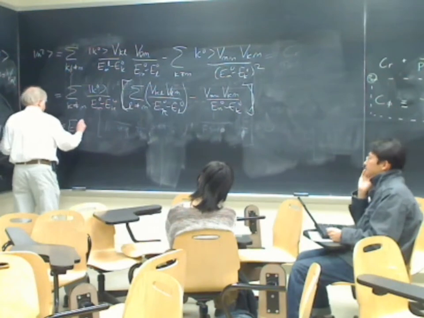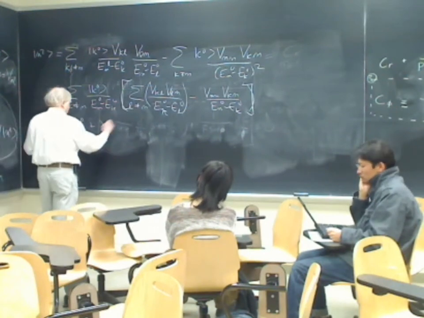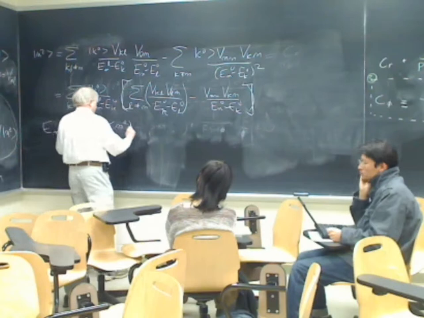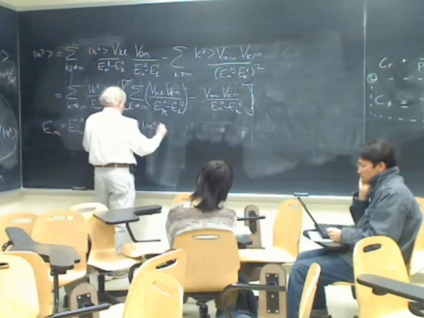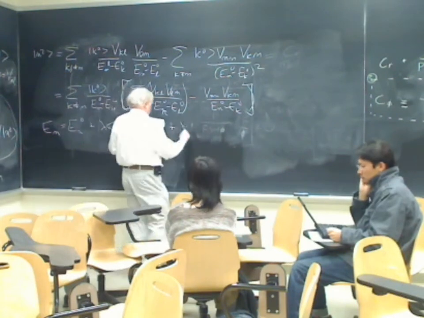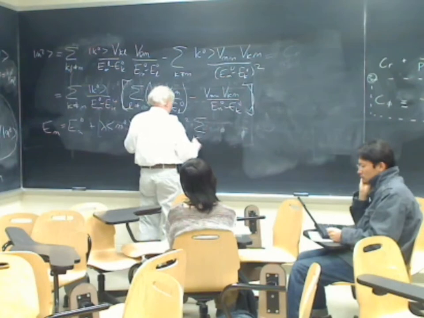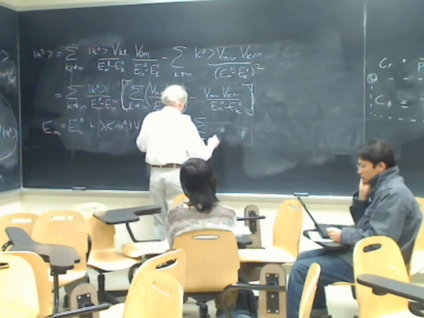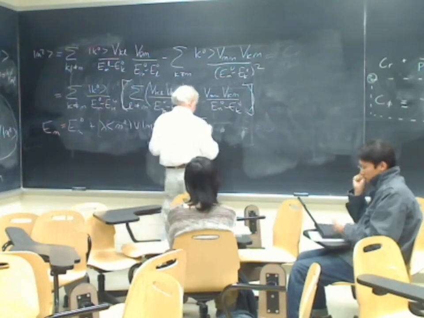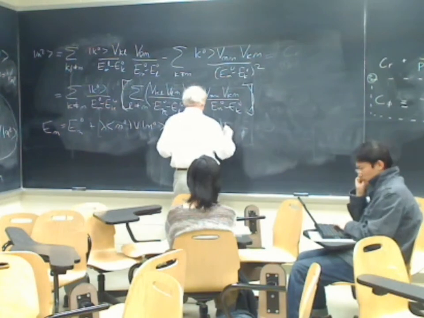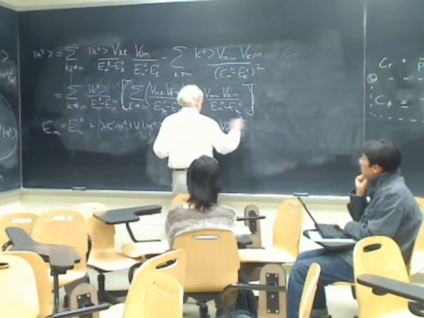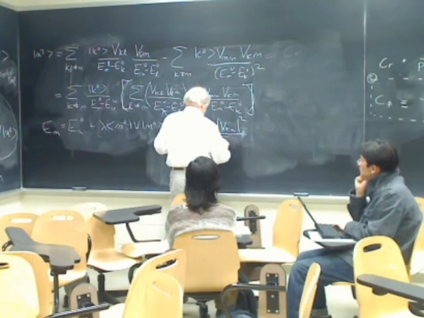Well, it's En0 plus lambda times N0 V N0 plus lambda squared times the sum k not equal to n. And in the notation that I've been using, this is the absolute value of Vkn squared over En0 minus Ek0.